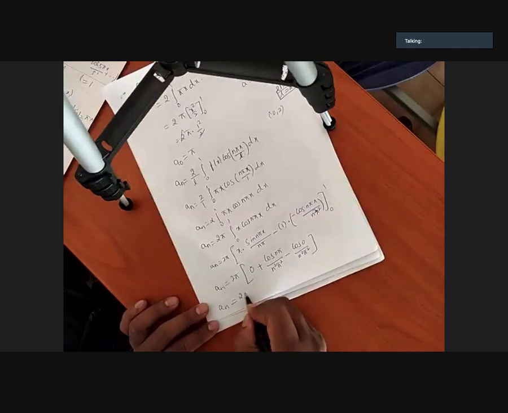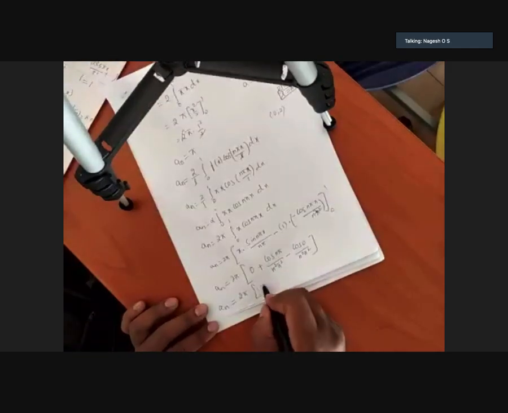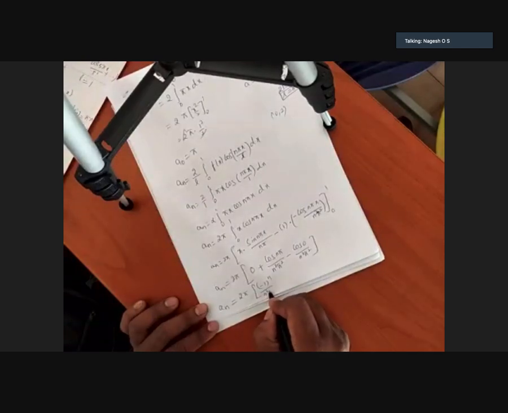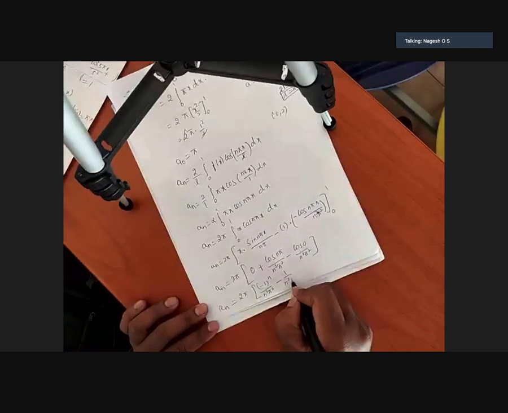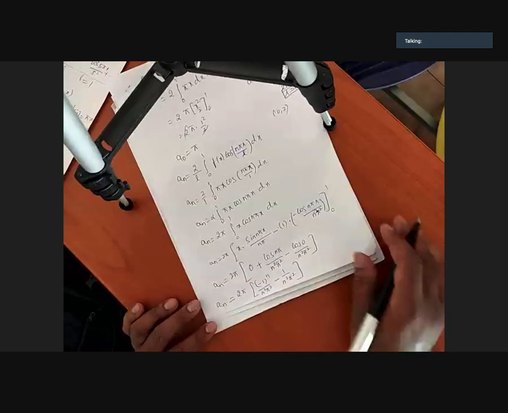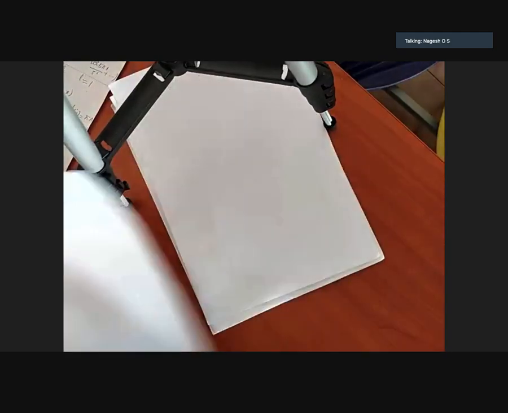An equal to 2 pi, cos n pi by n square pi square minus cos 0 by n square pi square. Okay, next.